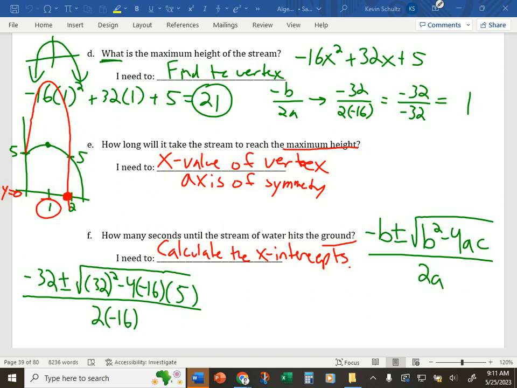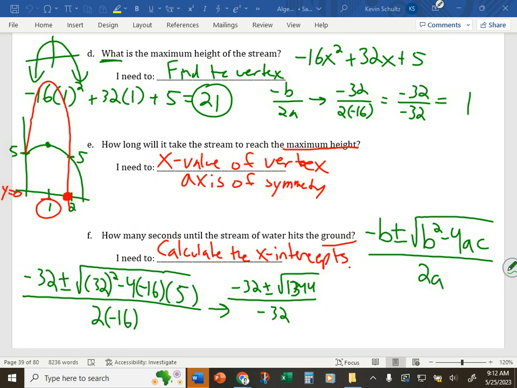I'll do it myself as well on my calculator. Okay. So the discriminant first, 32 squared minus 4 times negative 16 times 5 gives me 1344, all divided by negative 32.